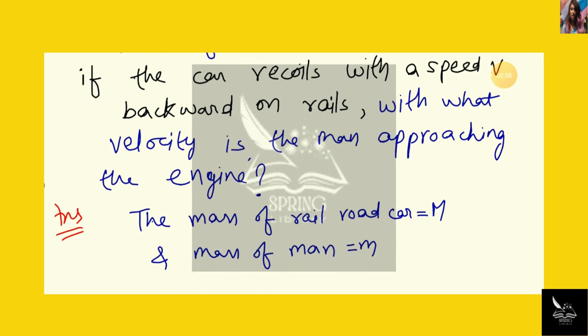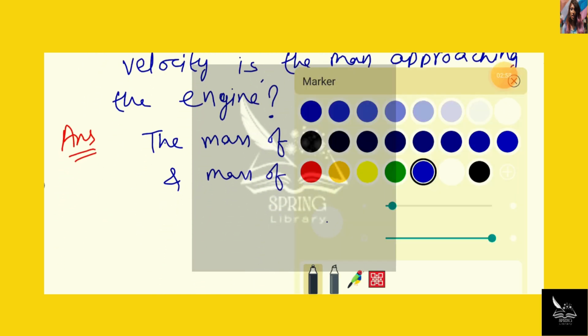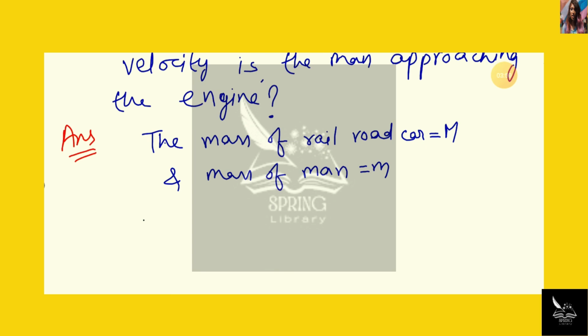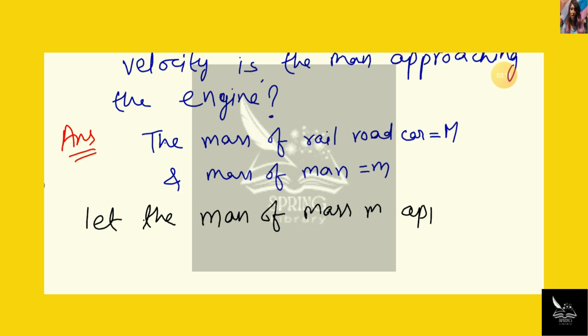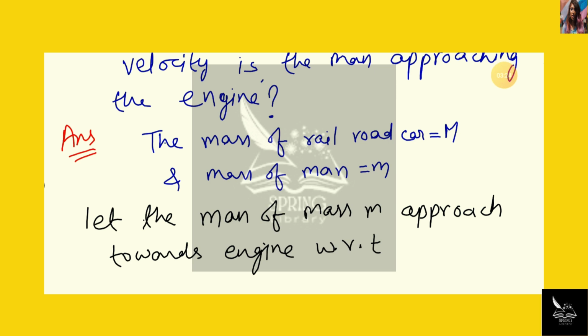So now the next step: let the man of mass m approach towards the engine with a velocity, that is v dash.